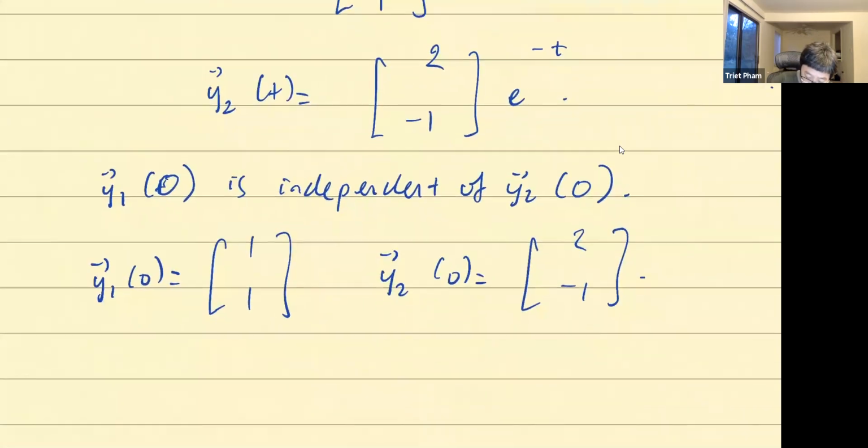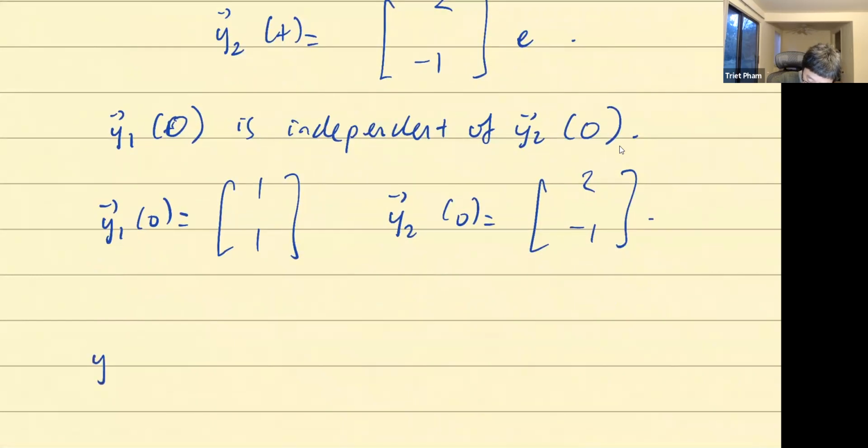Second, let's suppose you have an initial condition. Let's say y of 0 is equal to 1, 1.